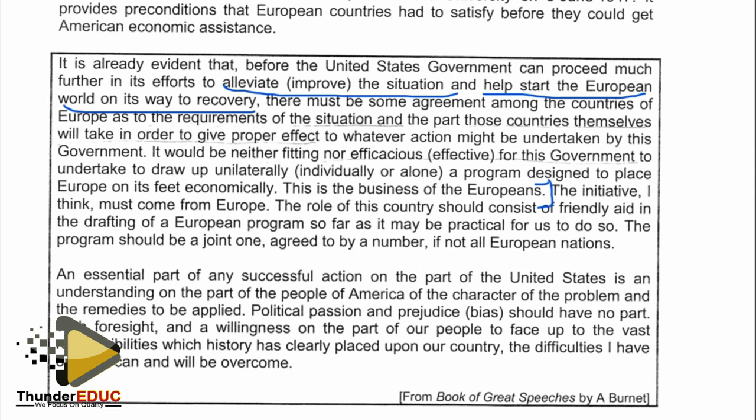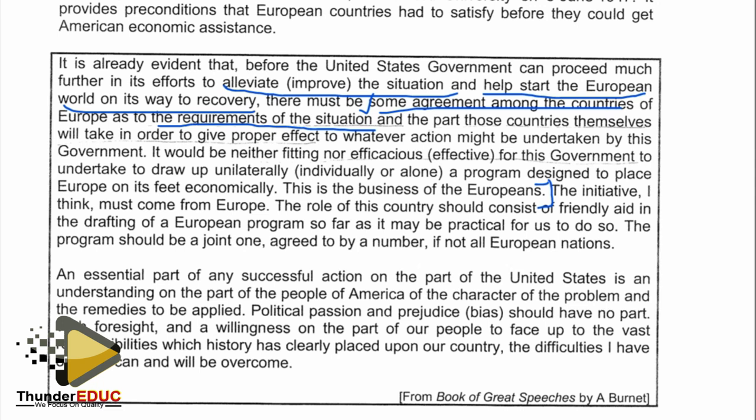So, if we are to quote, we will find our evidence from the given text here. There was supposed to be some agreement among some European countries as to the requirements of the situation. Here, they were supposed to note the requirements of the situation. What did each and every different country want based on their perspective of their economy.